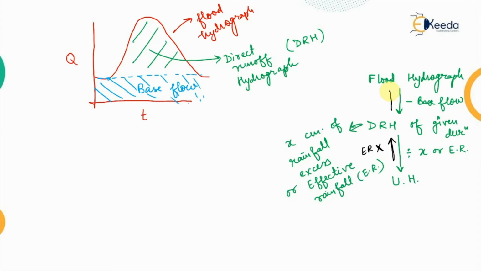In that, if we add the base flow, then we will get the flood hydrograph. So both the directions and both the outputs have been shown to you so that we can obtain any of these. If we have the flood hydrograph, then we can get the unit hydrograph, or if we have the unit hydrograph, we can get the flood hydrograph.